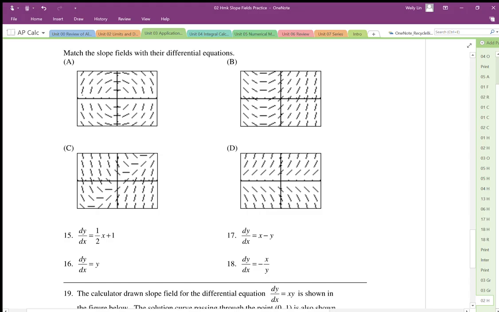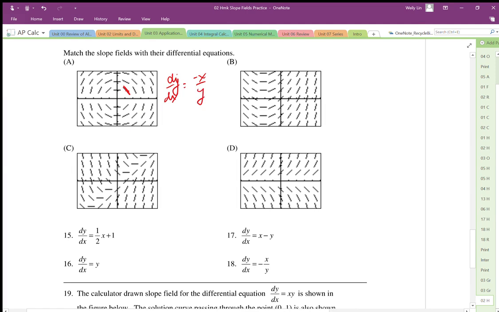All the y equals 0 coordinates look like they're giving me vertical slope. So that looks fairly consistent. And if I just test one point, 1, 1, negative 1 over 1 is going to be that slope there. So it checks out. So this is going to be dy by dx is equal to negative x over y.